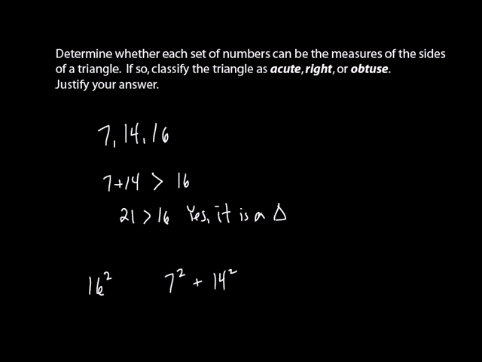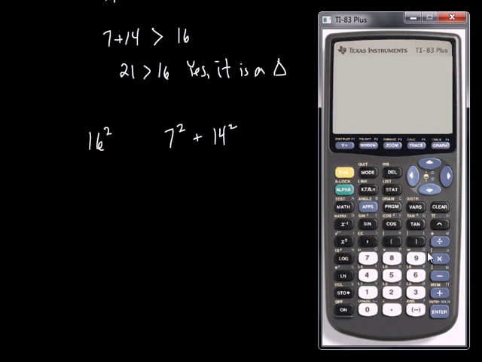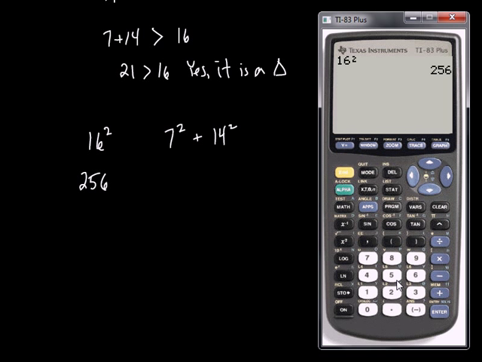And then I want to compare those numbers. So let's see what we get. Let's put it in the calculator. 16 squared is 256. So I'm going to put 256 right here. Then I'm going to compare it to this number over here. I want to see if they're equal to each other, if this is less than this, or if it's greater than that. And that tells me what type of triangle I'm going to have.